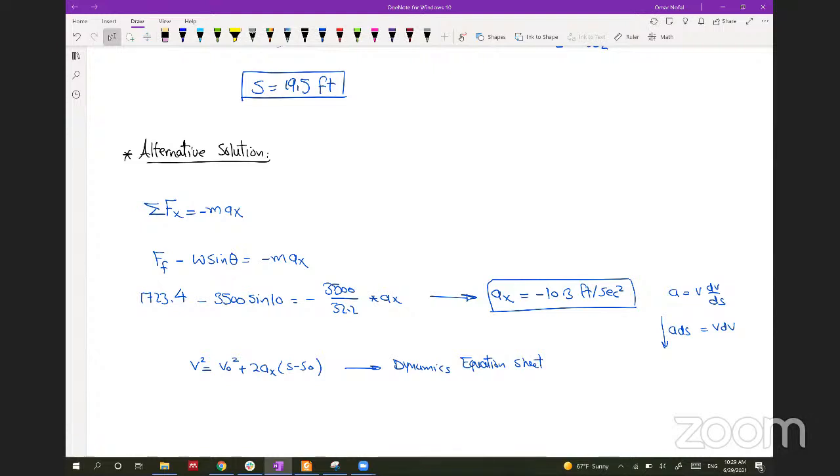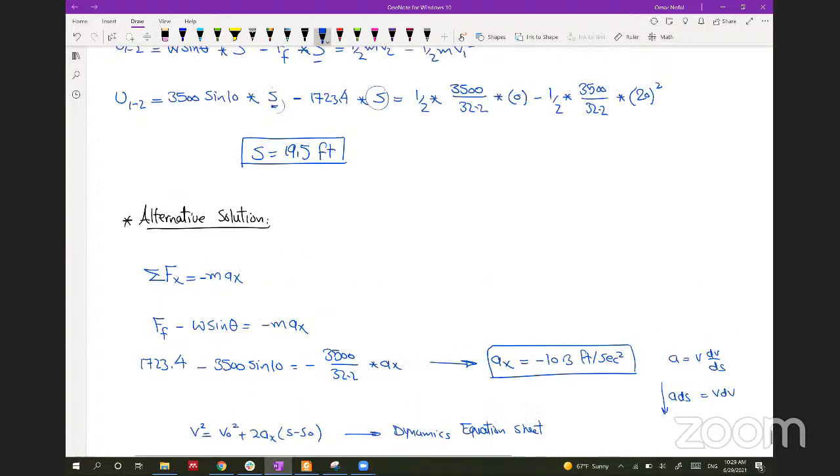And you know that V final is equal to 0 and V node is 20, plus 2 multiplied by Ax, which is negative 10.3, multiplied by S, which we don't know, minus S node, which is 0. And finally, you can get S, and it will also be 19.5 foot. So both should give you the right answer.